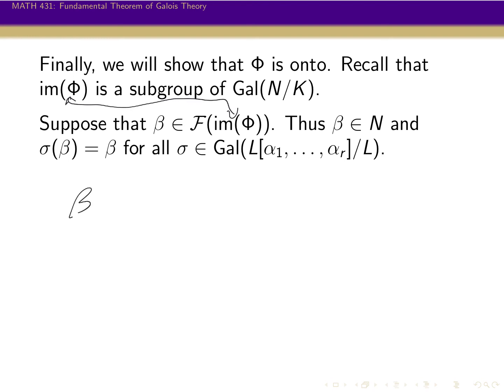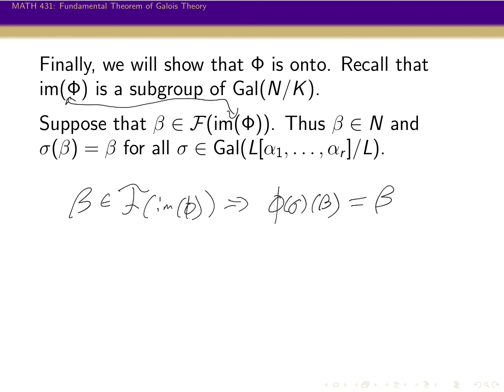So beta being in the fixed field of the image of phi means that phi of sigma of beta equals beta for all sigma in the Galois group. But phi of sigma, this really means that sigma restricted to n of beta is equal to beta.